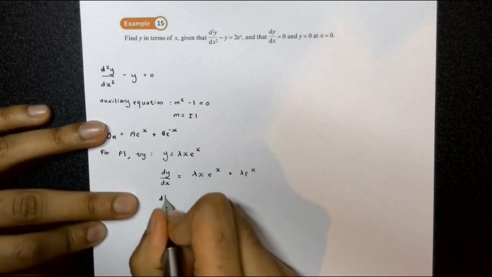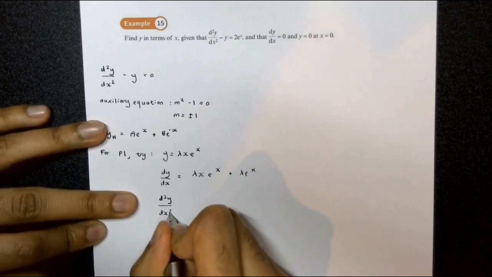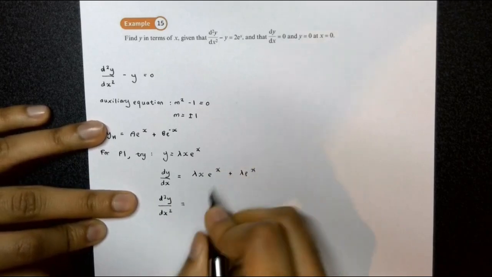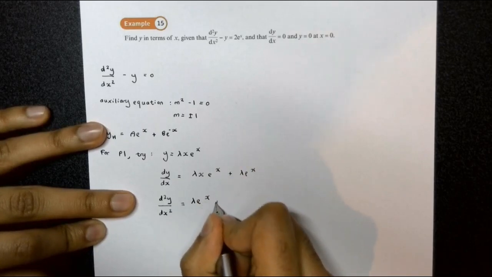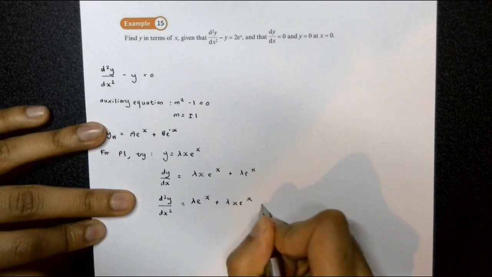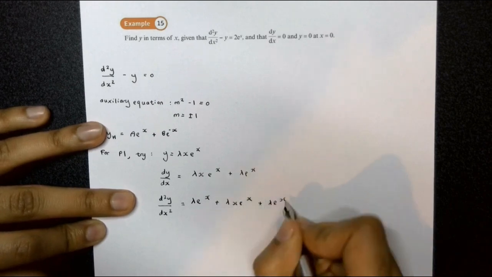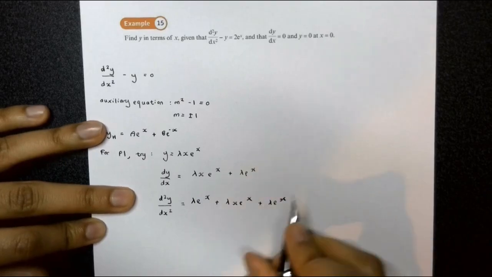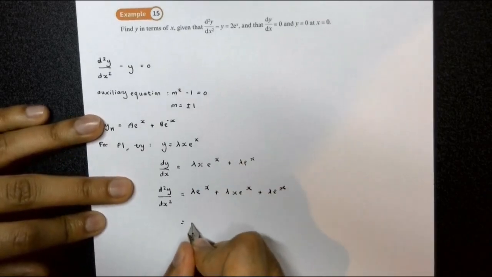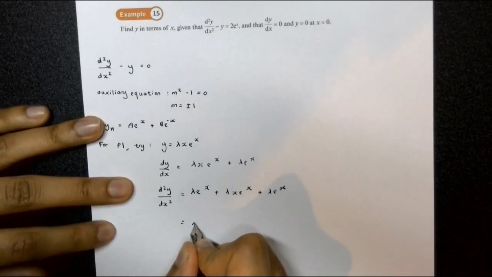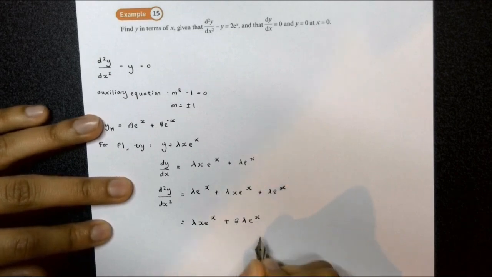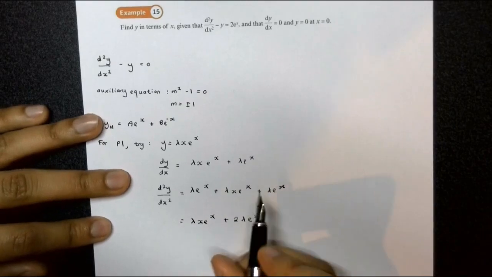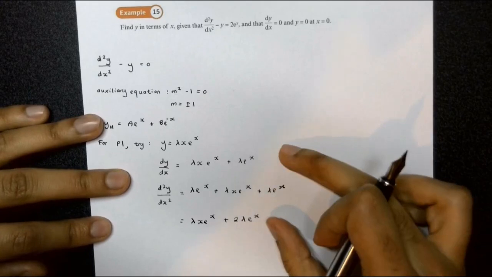And if we work out what d squared y over dx squared is, again through the product rule over here, we end up with lambda e to the x plus lambda x e to the x plus lambda e to the x, which we can simplify as lambda x e to the x plus 2 lambda e to the x. And what we will now do is substitute these back into here.